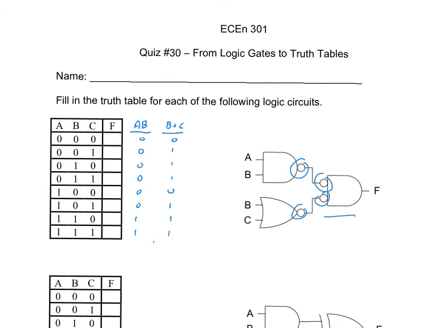And then we're going to simply AND those together. So F should be the AND of these two together. So 0 and 0 is 0, 0 and 1 is 0, 0 and 1 is 0, 0, 0, 0, 1, 1. That is the solution to the first problem.